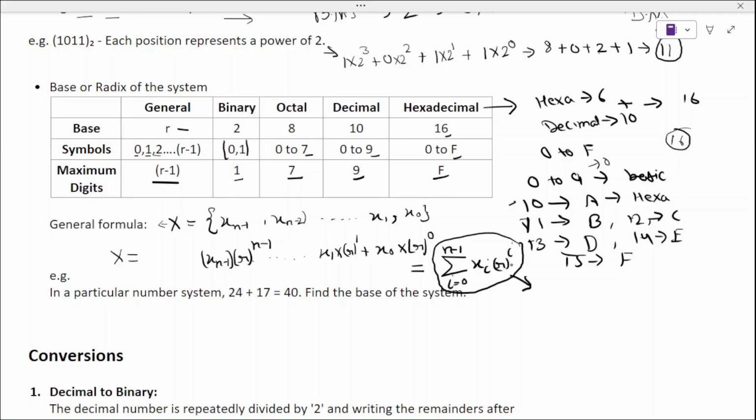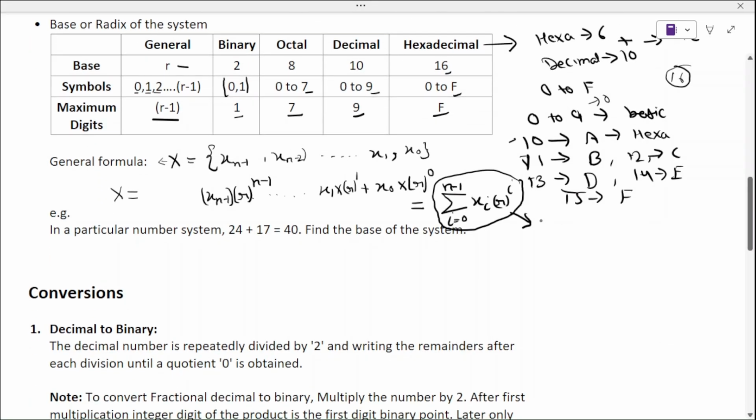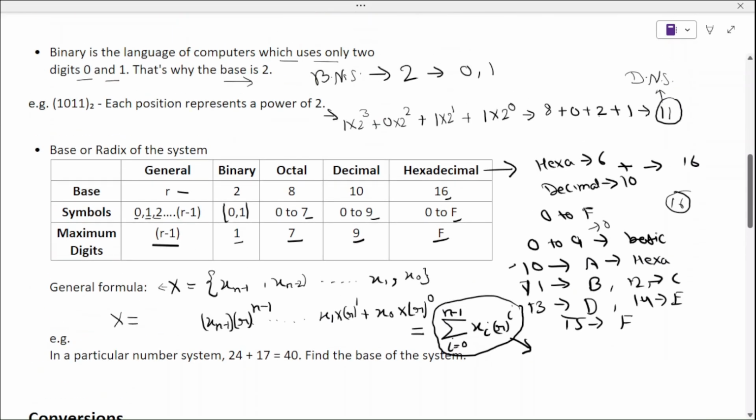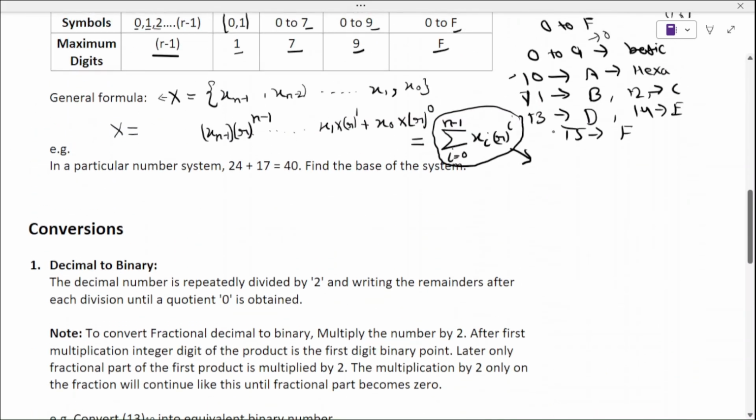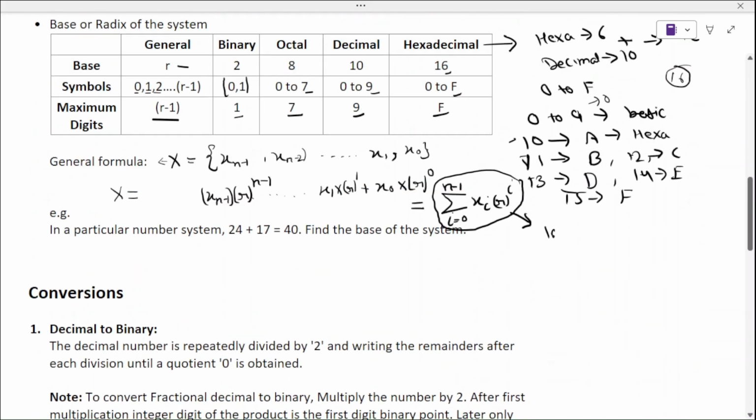Okay, let's discuss an example. Let's take the previous example, which is 1011. 1011 is in the binary number system, so my r value is 2.